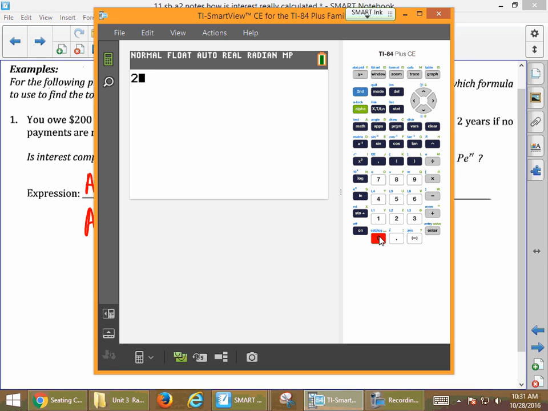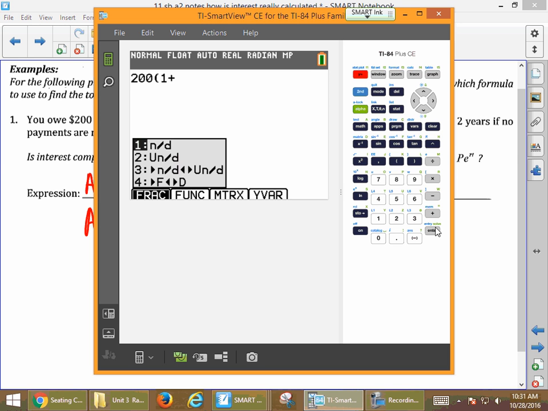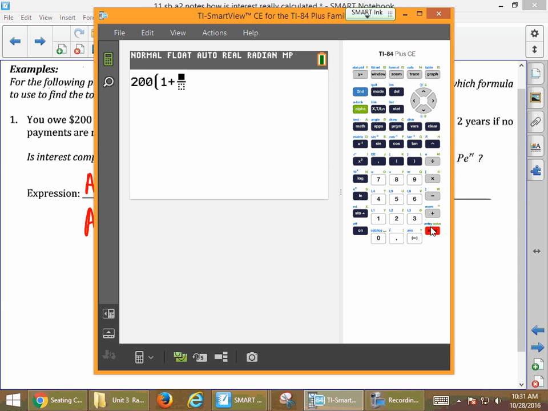It's going to be 200 times 1 plus, I'm going to use my fraction button, 0.16 divided by 12, close the parentheses, to the 12 times 2.